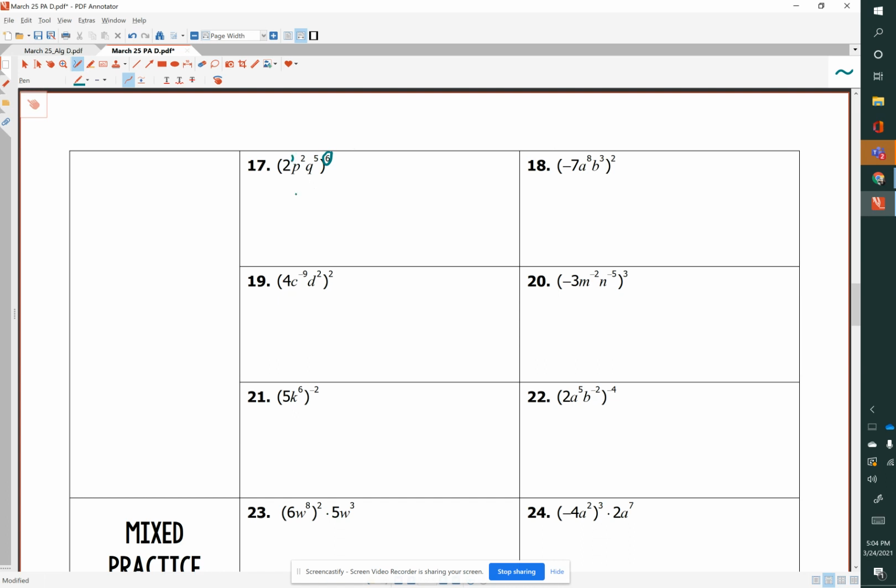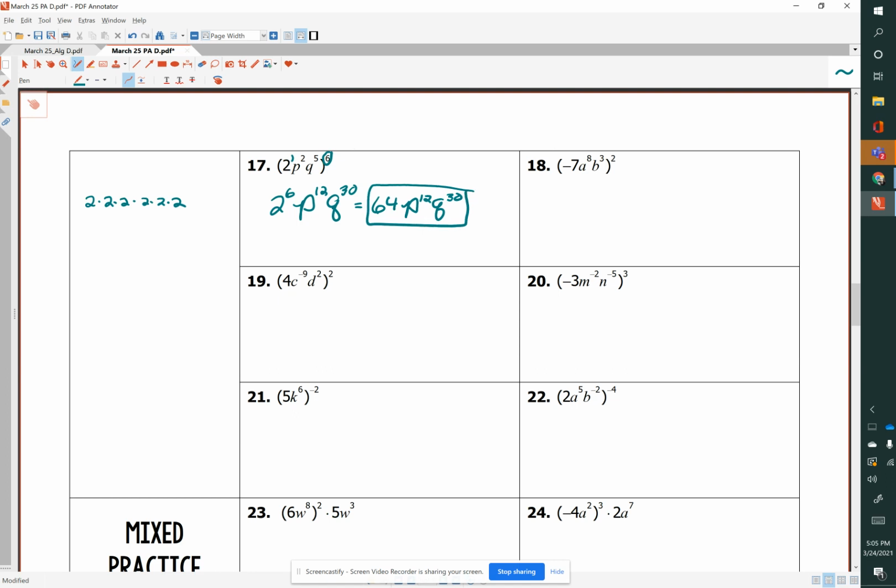So 1 times 6 is 2 to the 6, p, 2 times 6 is 12, and q, 5 times 6 is 30. Now let's evaluate that further. 2 to the 6 is 2 times 2 times 2 times 2 times 2 times 2. So that is 64, and then we have that p to the 12, q to the 30.